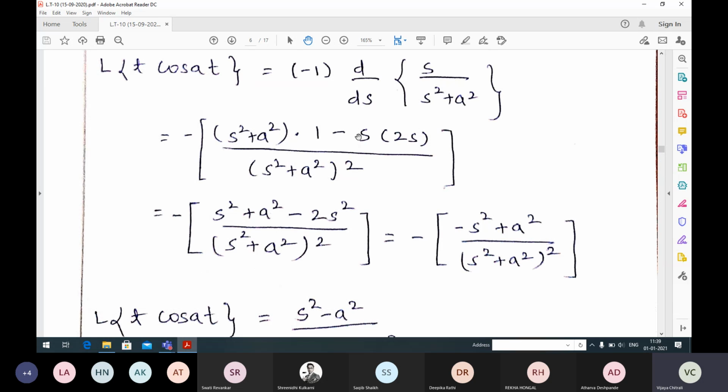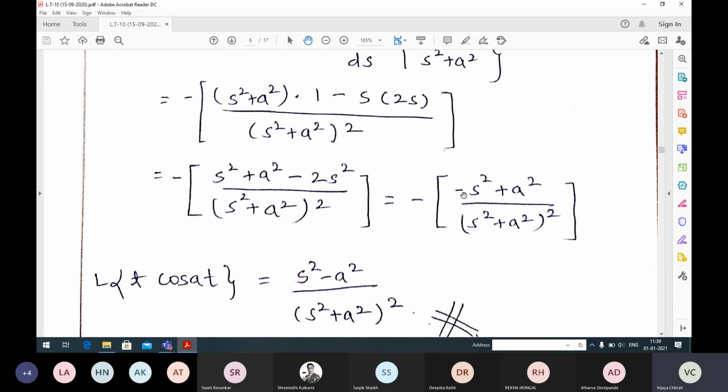s square plus a square minus s into 2s is 2s square, whole divided by s square plus a square raised to 2, right? Now s square minus 2s square is minus s square plus a square divided by s square plus a square raised to 2. So multiply this negative sign.